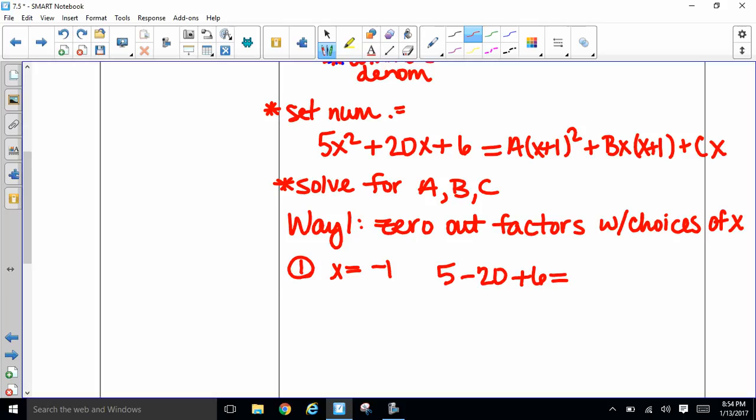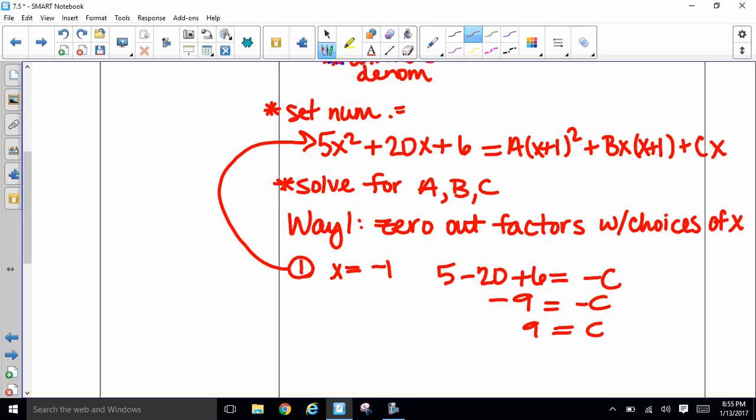It would then also zero out the entire B term, and so you would be left with -C, because C times -1 would be -C. So you are picking an x, and then you are coming back up here and plugging it in and seeing what you come up with. So if I just add up the numbers on the left, I'm at -9 equals -C. So that's how I get 9 as C.